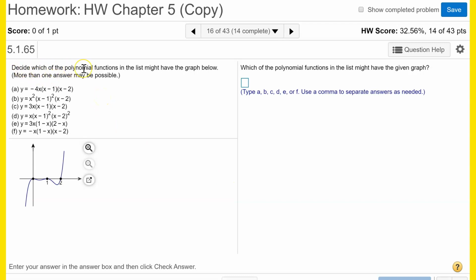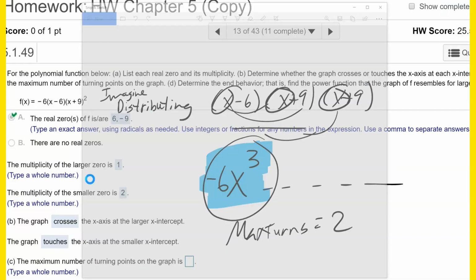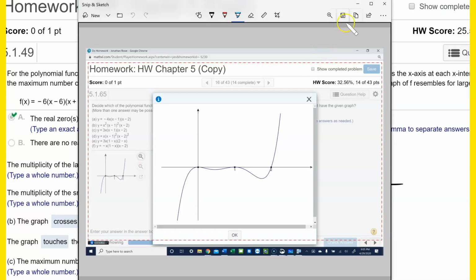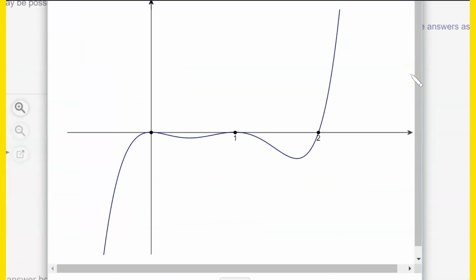Okay, decide which of the polynomial functions in the list might have the graph below. Let's talk about this. If we have one of our zeros being here, another one being here, and another one being here.